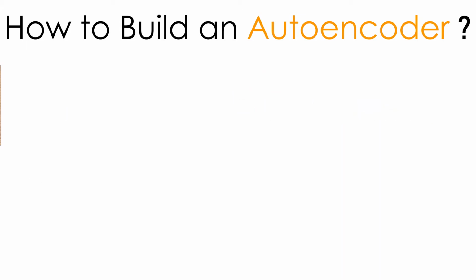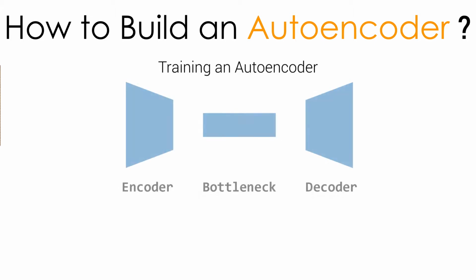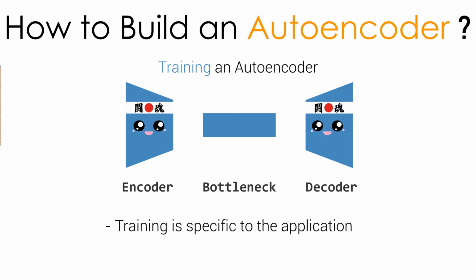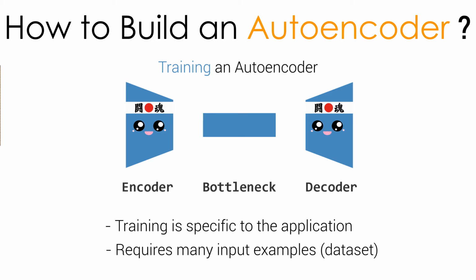With that said, let's clarify a bit the design process of autoencoders. Since autoencoders are composed of artificial neural networks, they have to go through what's called the training process. This training process is specific to the desired application of the autoencoder and requires many input examples.